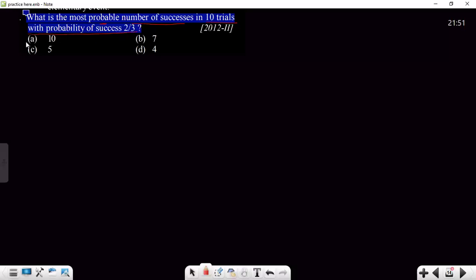No, actually, attempts is not asked. It is given that we are making 10 attempts. You are right. But we have to tell how many, what is the most probable number of successes? Like what is the number of maximum successes that can occur in 10 trials?